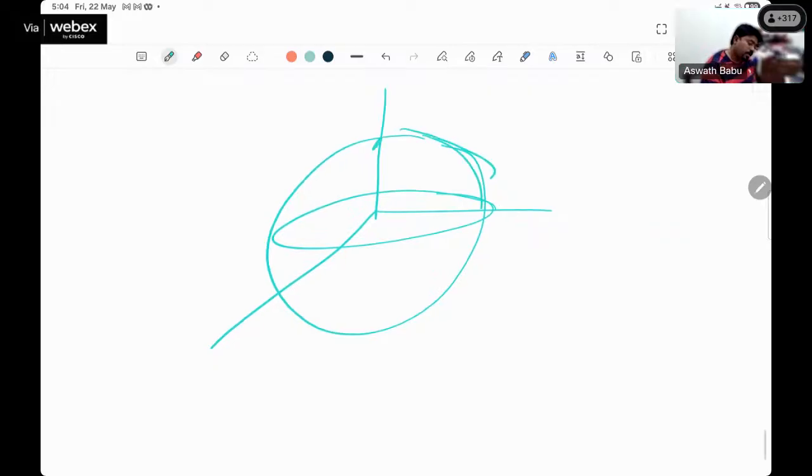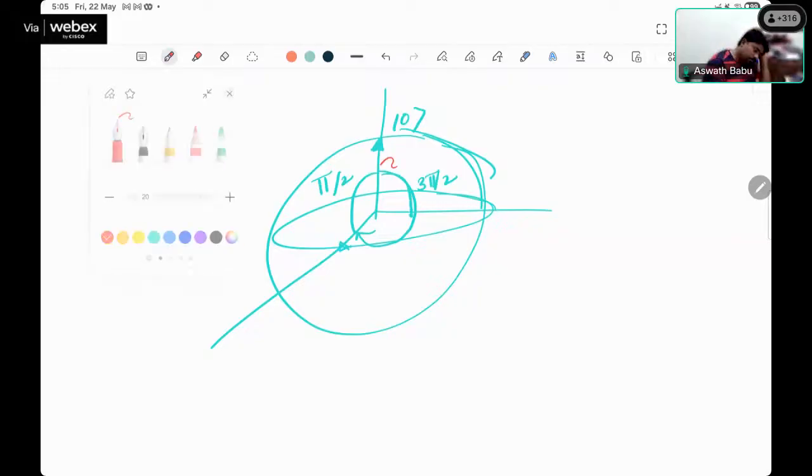Okay, initially the system is in 0. If I rotate anti-clockwise, pi by 2. From 0, if I have to go to this state, I have to rotate by pi by 2. If I rotate clockwise, that is 3 pi by 2. Let me draw in a different color. That is 3 pi by 2.